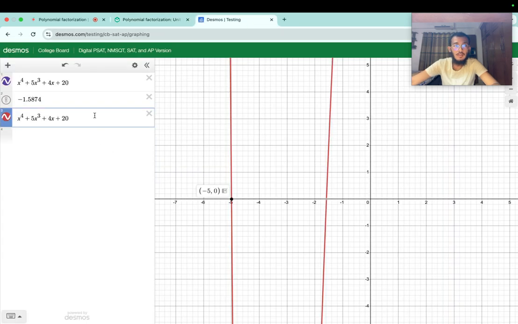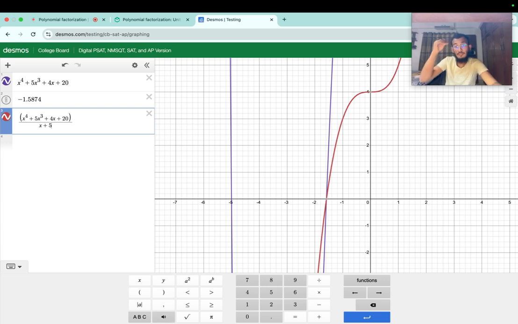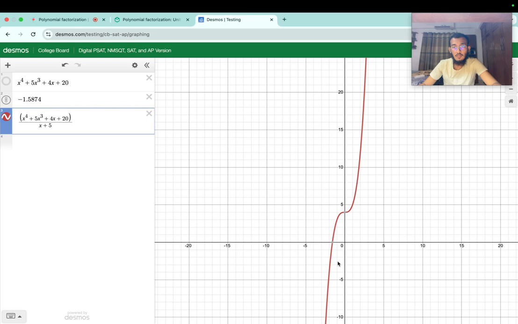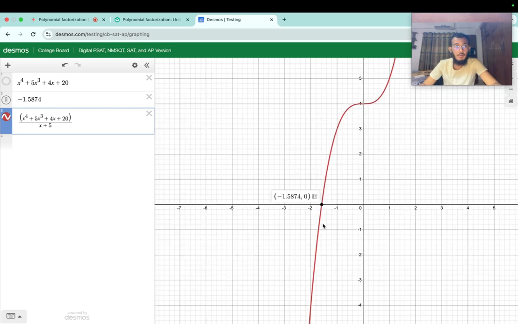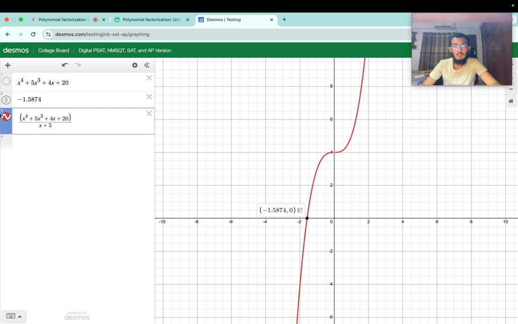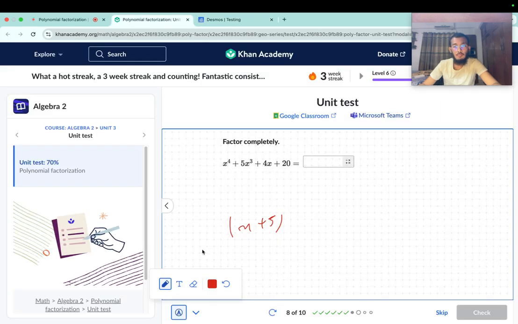What do we get if I divide this thing by x plus 5? Anyway, I have to do the dirty work. Long division.